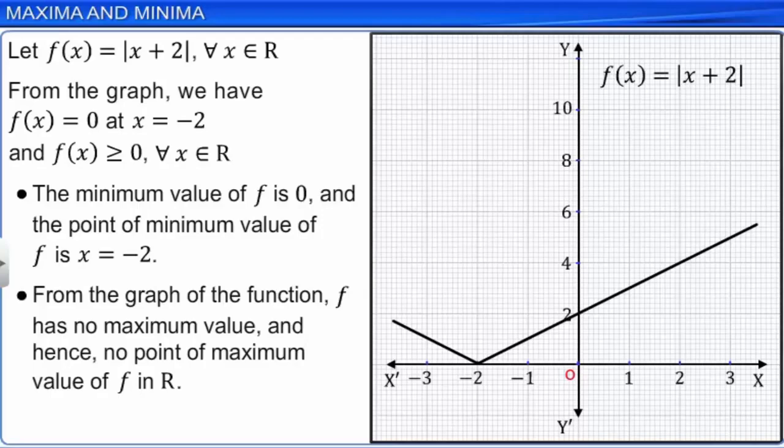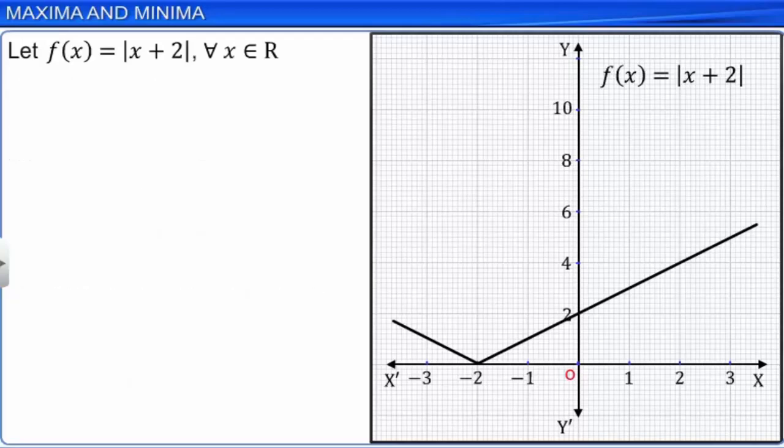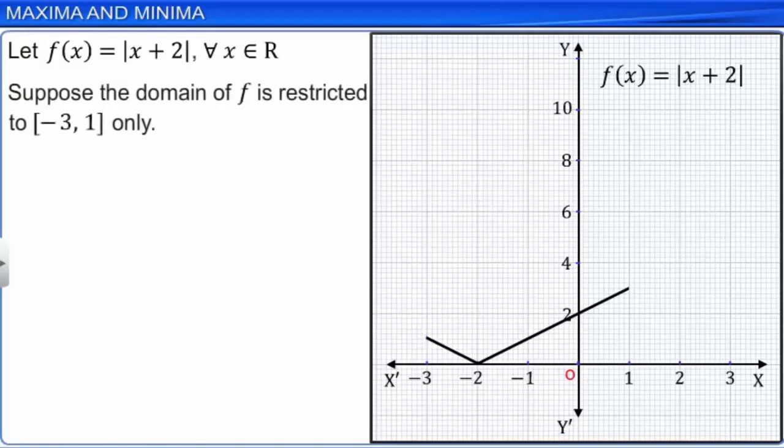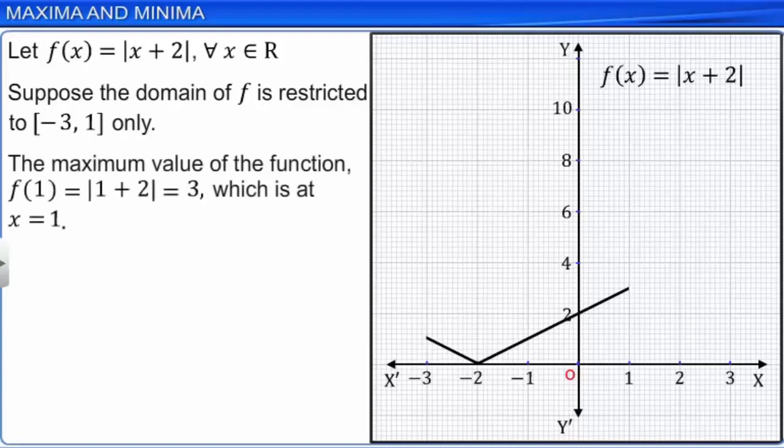For example, let us restrict the domain of the function f to the closed interval [-3, 1]. In this case, the maximum value of the function is 3, which is at x = 1.